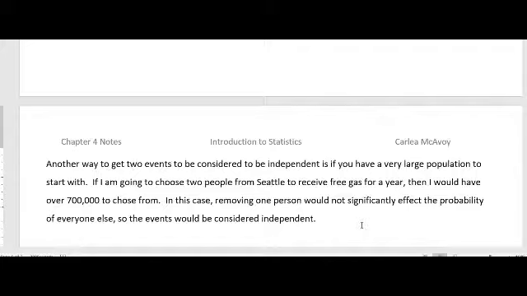Even though I haven't replaced anybody, I did change the population, but that population is so large that we would consider that to still be not affecting anybody significantly. So if the population is large enough, then we don't have to worry about the independent event rule.